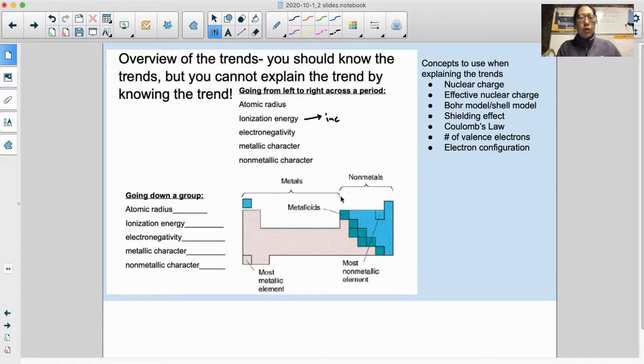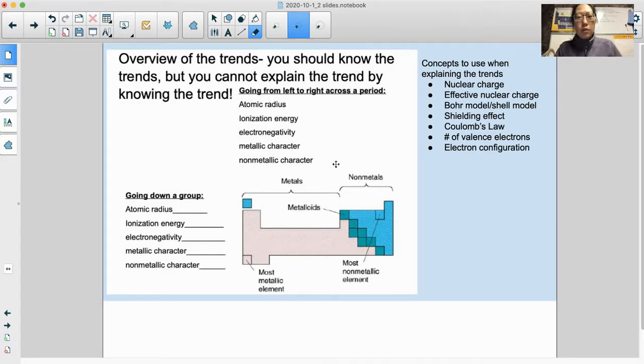Okay, so an overview of the trends. You cannot explain a trend by saying ionization energy increases or atomic radius decreases. That is not an explanation, okay? You can't say, oh, I know fluorine's ionization energy is larger than the ionization energy of oxygen because ionization energy increases when we go to the right.